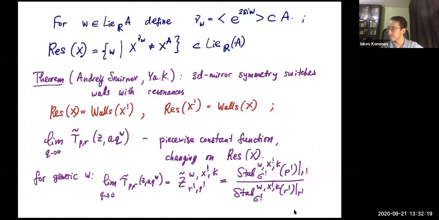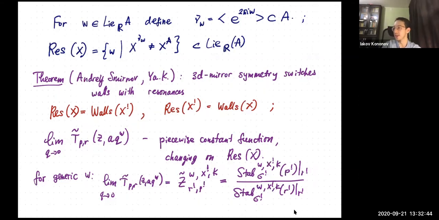And let's define, for an element W of a Lie algebra. So now I switched for a moment from Kähler variables to equivariant variables instead.